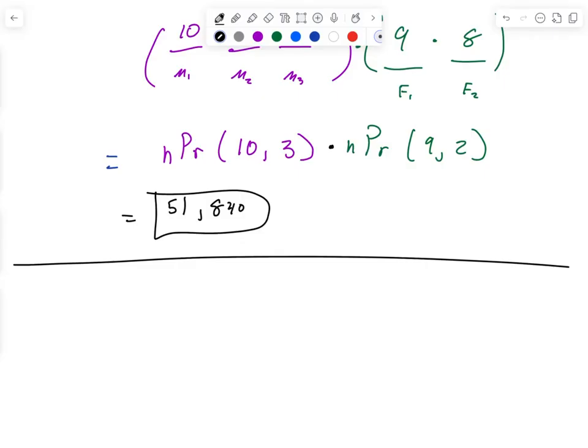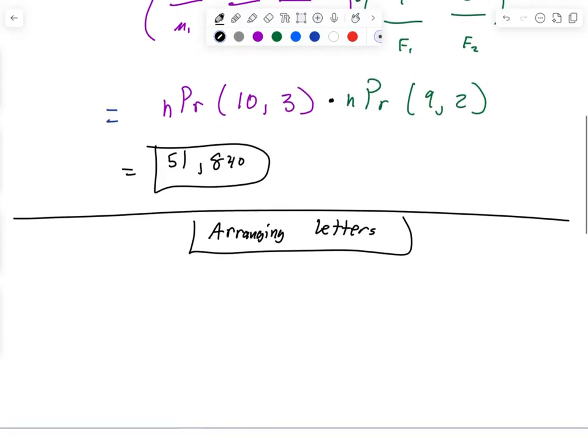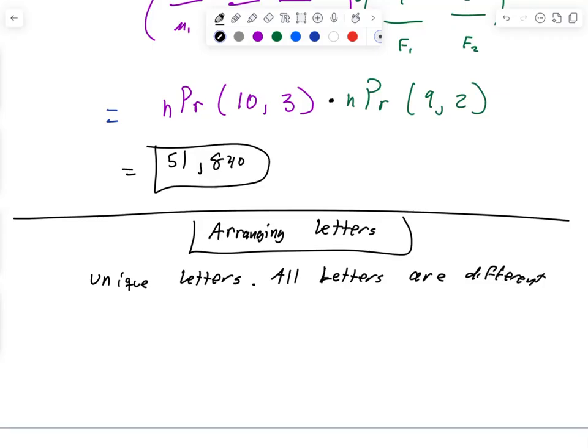Next piece, which is the one we're really focusing on, which is the reruns, arranging letters, which we've done before. So let's look at a problem. So we've done so far unique letters. So when we have unique letters where all letters are different, we did that.